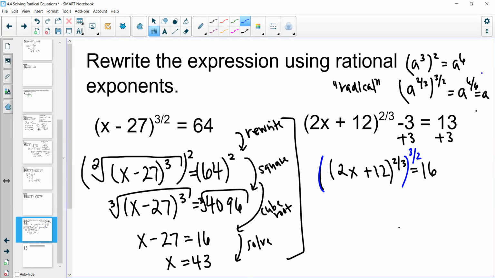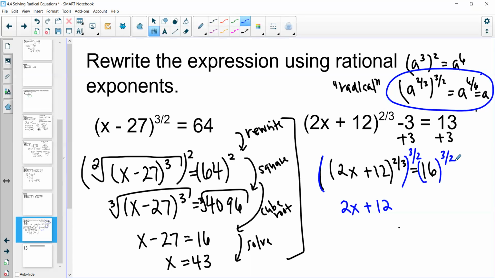Now again, we put it to the power of 3/2 because of this example up here. If I flip the fraction over, then my numerator and my denominator become the same, and all we have left is that base. So what we're going to end up with here is 2x + 12. But remember, whatever we do on one side, we have to do to the other side.